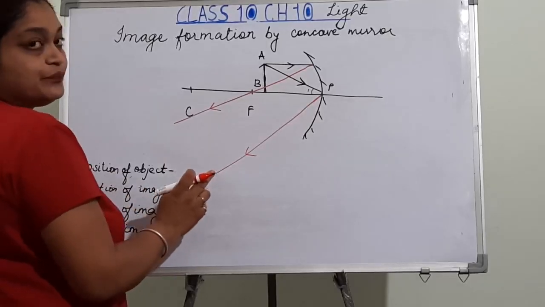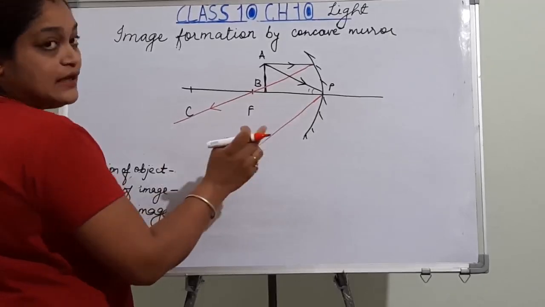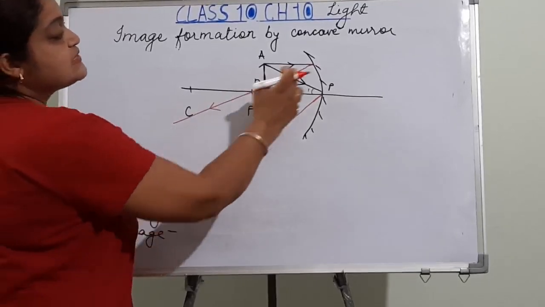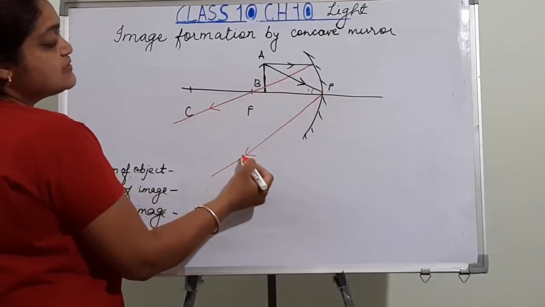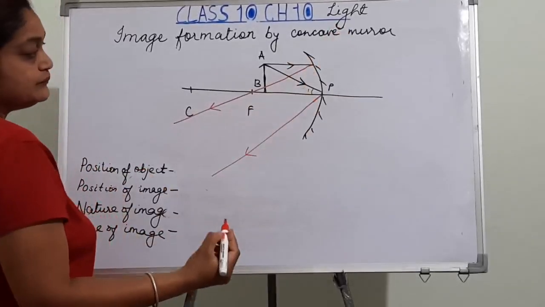So to locate the image, we have to extend these rays behind the mirror.